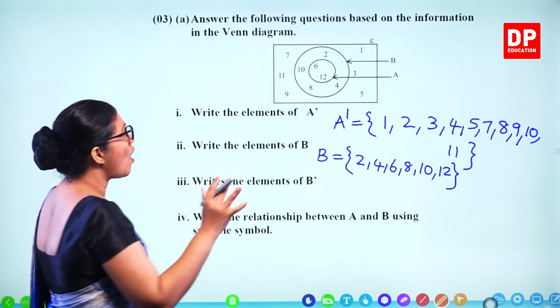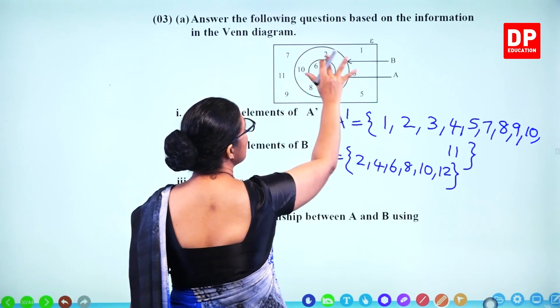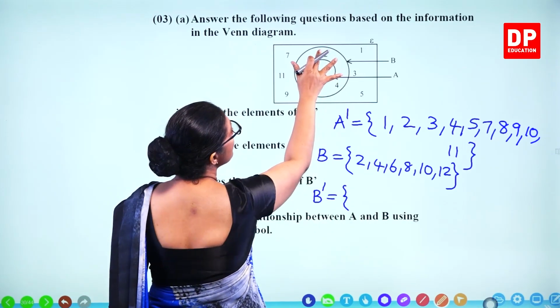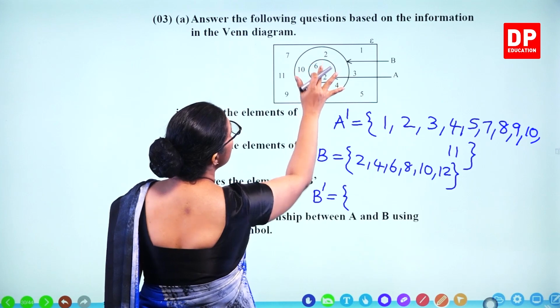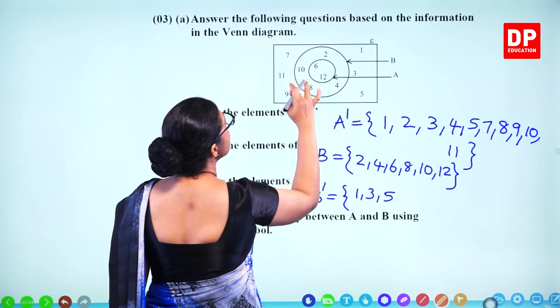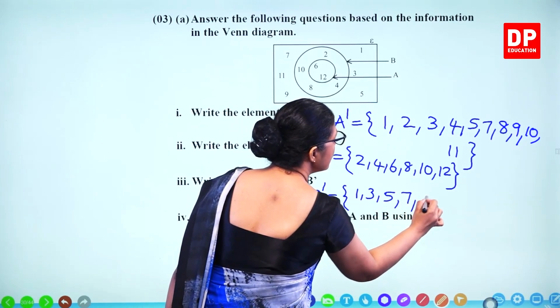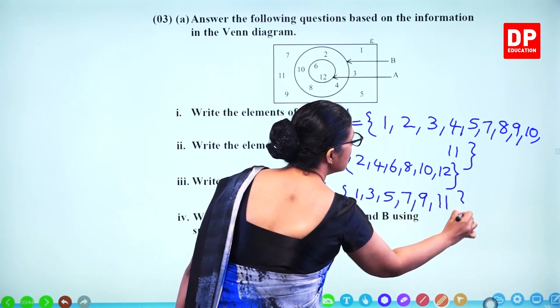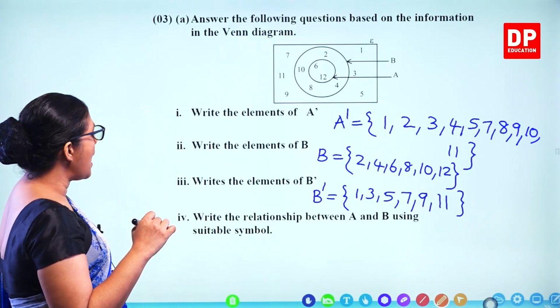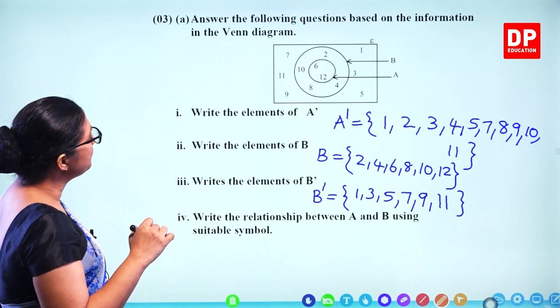So everything outside the B circle. Close B and write B dash. Everything outside: 1, 3, 5, 7, 9, 11. That's B dash.